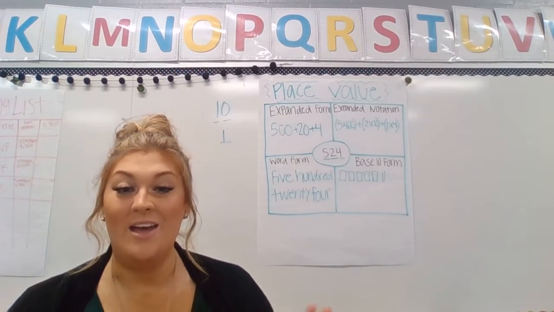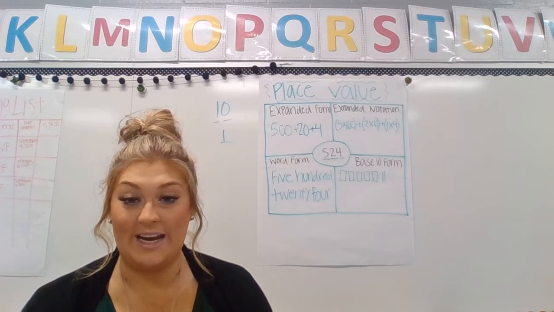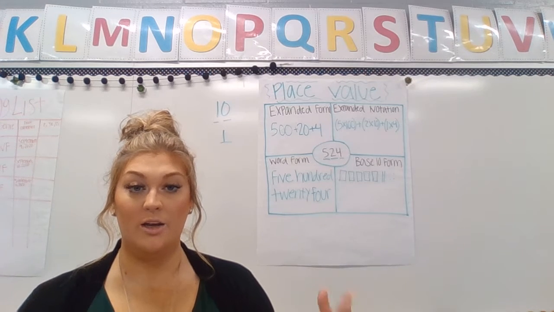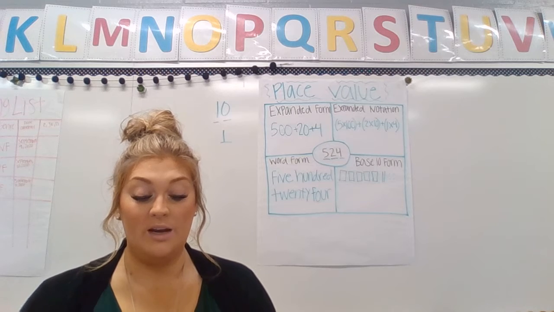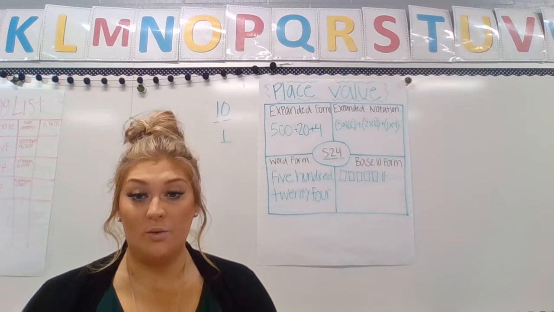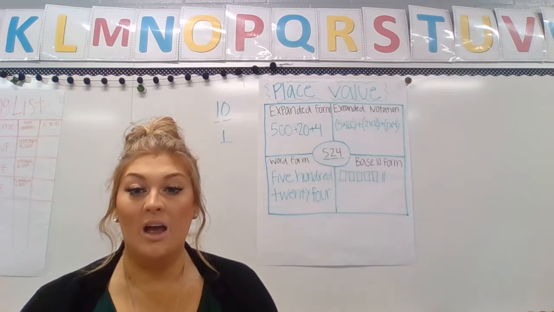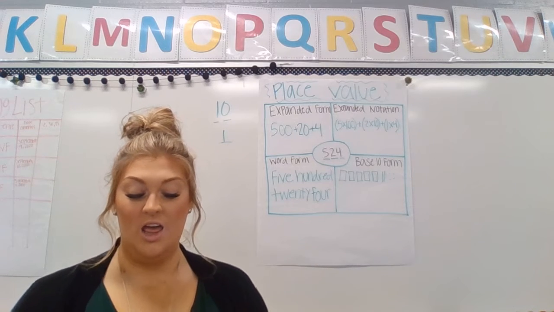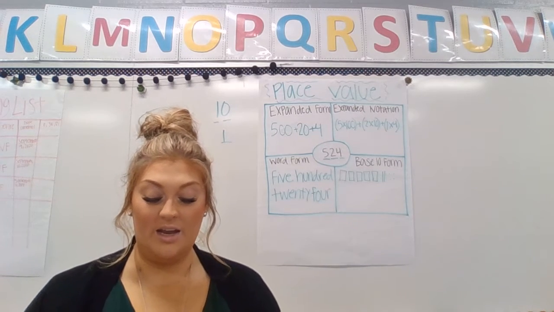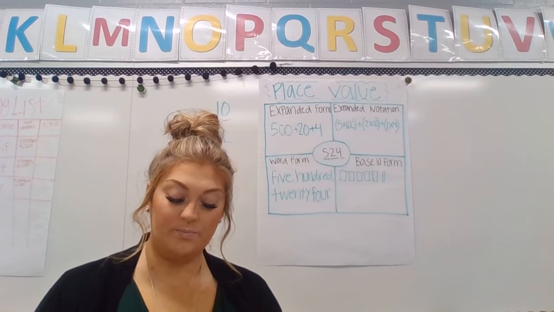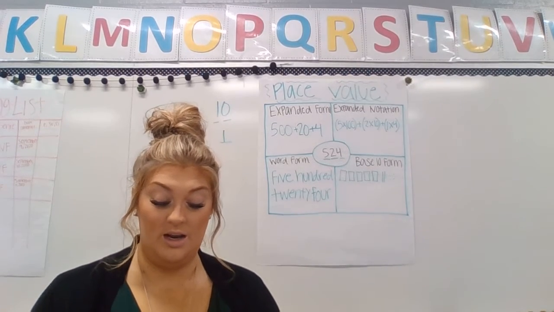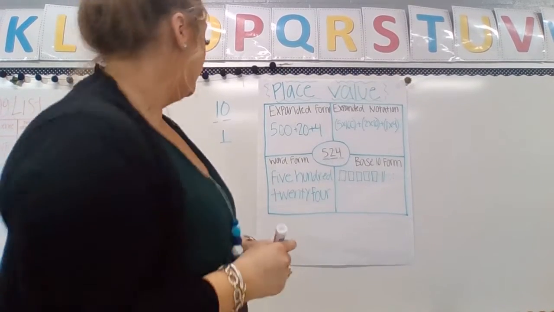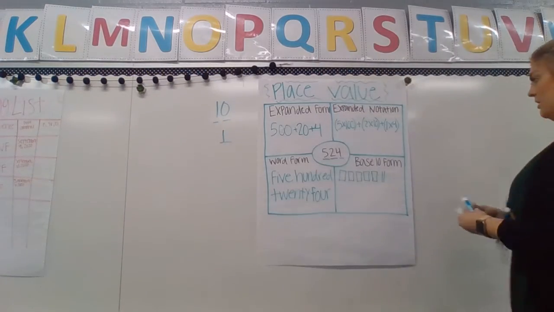Okay, so for your exit ticket today, I want you to make your place value chart with expanded form, expanded notation, word form, and base 10 form using the number 357. I'm going to write this on the board for you.